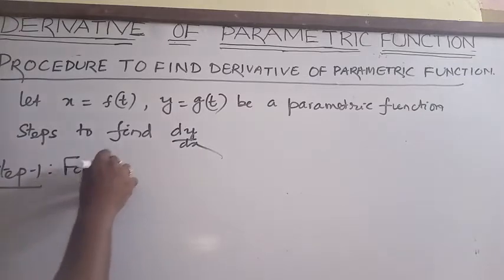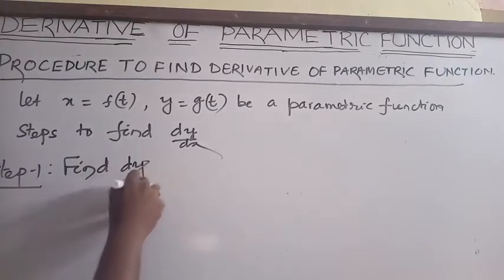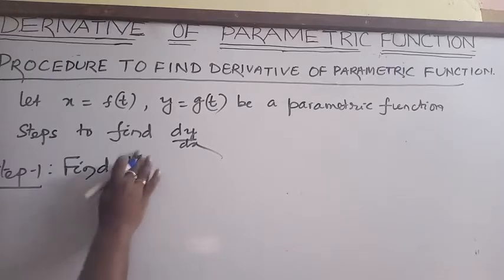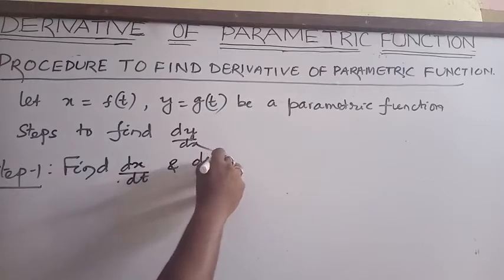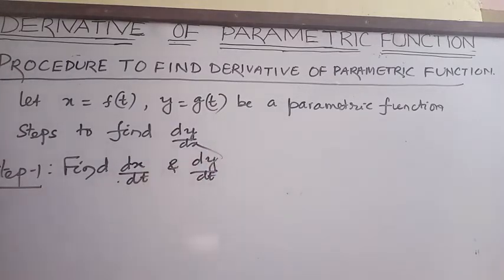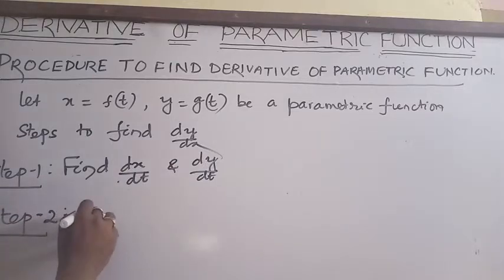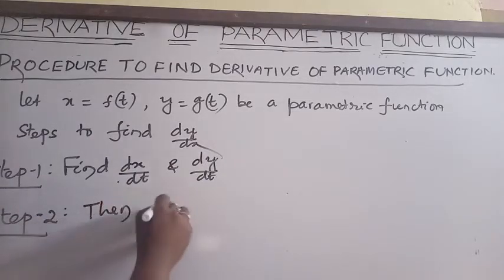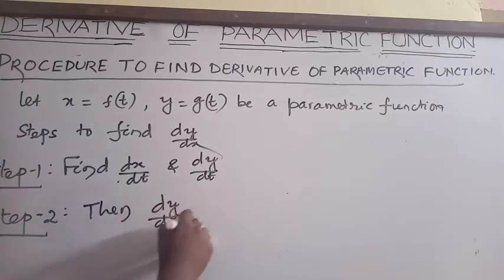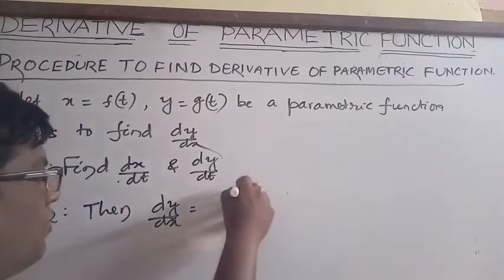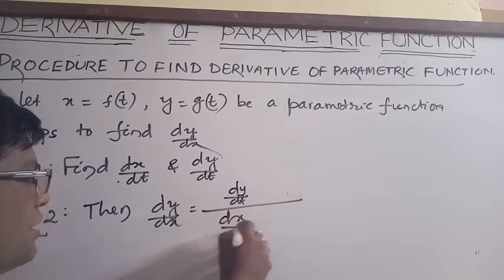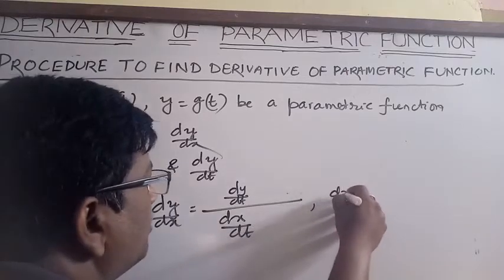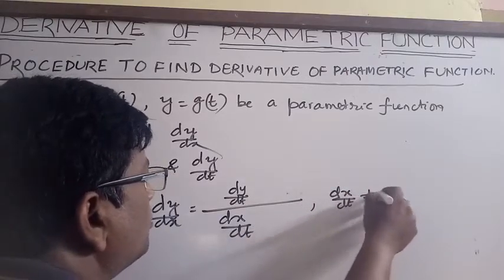Step 1: find dx by dt and dy by dt. Step 2: then dy by dx is equal to dy by dt whole divided by dx by dt, provided dx by dt is not equal to 0.